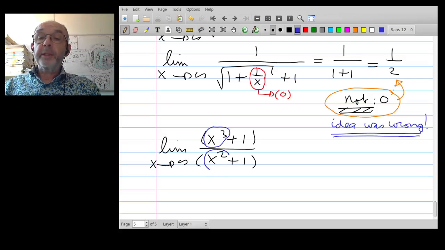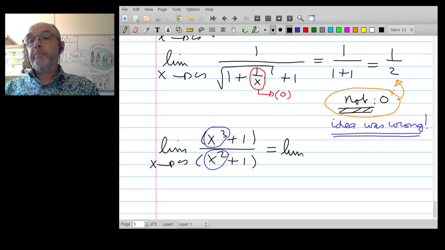In the denominator the x squared is the greatest of them, and you see that the power of x in the numerator is x to the power of 3, so the power is larger than the power of the denominator, the x squared, and so if you divide them you get x out of it, and so I think the limit will not exist.